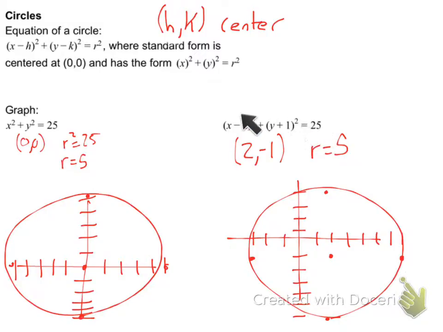If you actually think about it, x minus something squared plus y minus something squared equals something squared. Isn't that just the distance formula, if I squared both sides, or Pythagorean's theorem? Yes, because the distance formula is the Pythagorean theorem as well. So that's what we're using here.